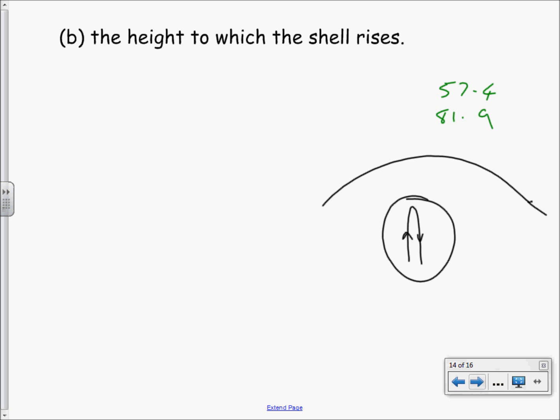What we do is we break the motion in half and look at half the motion only. So what have we got? The initial vertical velocity, u, which we worked out to be 57.4 meters per second.